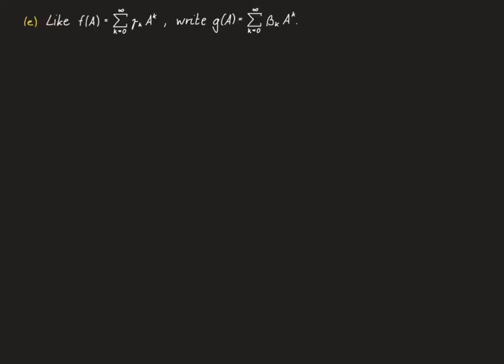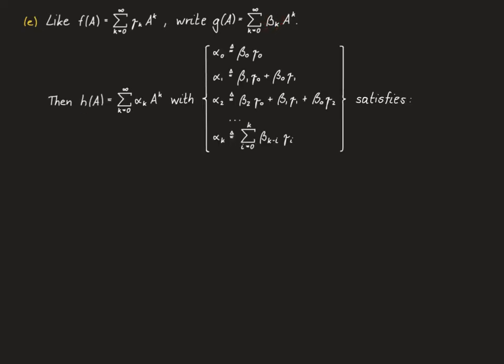For part E, in analogy to f of A, we first express g of A as an infinite series for a sequence of complex numbers beta k. Then the function h of A, defined as the sum of k from 0 to infinity of alpha k A to the k, where the complex numbers alpha k are defined as shown here. So alpha 0 equals beta 0 times gamma 0. Alpha 1 is defined as beta 1 gamma 0 plus beta 0 gamma 1.